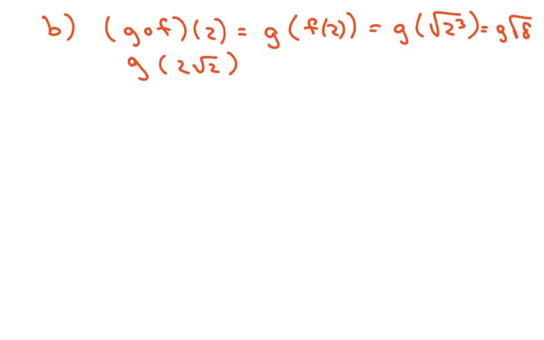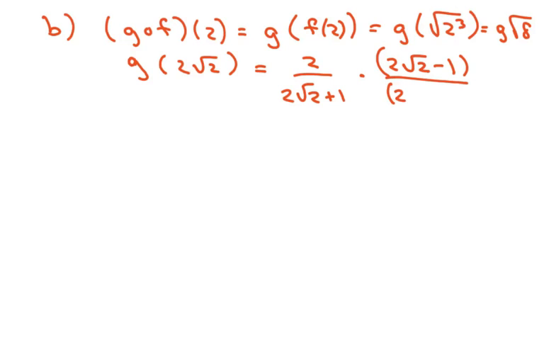Now we have to plug this in. So you're going to get 2 over 2 square root of 2 plus 1. And we have to multiply by the conjugate. So this will be 2 root 2 minus 1 over 2 root 2 minus 1. And that's going to give you 4.